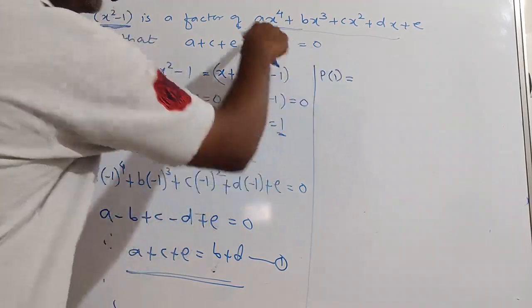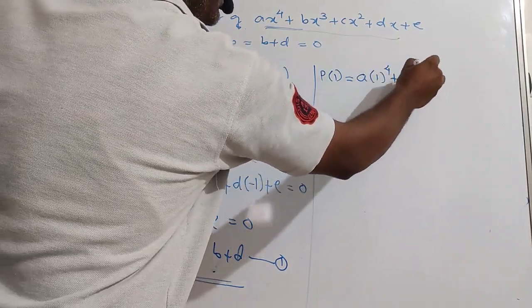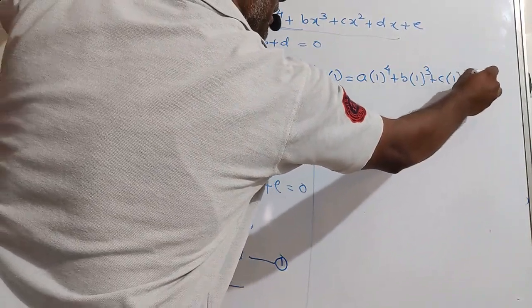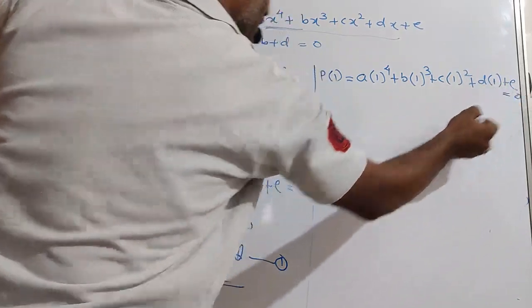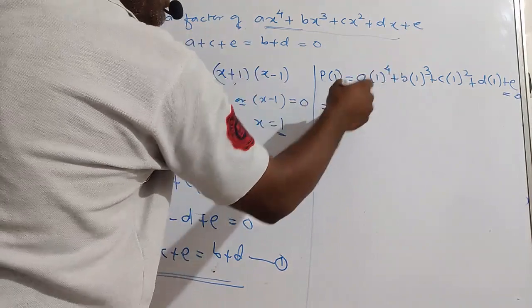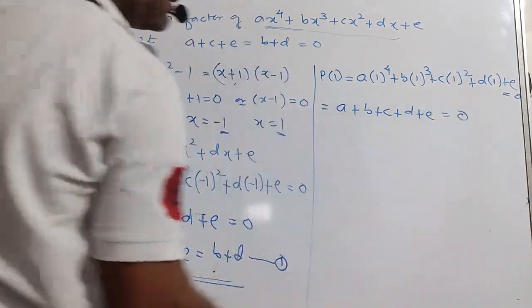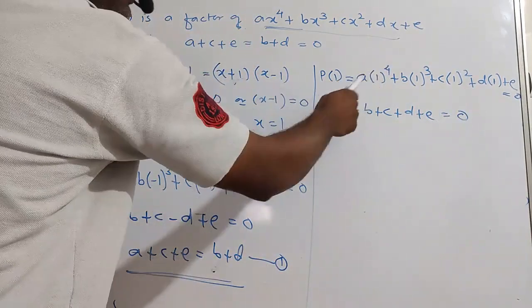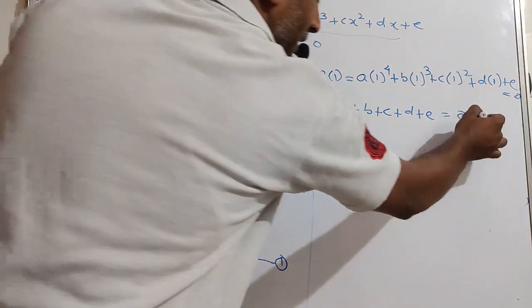So p of 1 is equal to a into 1 raised to 4 plus b into 1 cube plus c into 1 square plus d into 1 plus e, and that will be equal to 0 because x minus 1 is also a factor of the given polynomial. 1 raised to 4 is 1, so a plus b plus c plus d plus e is equal to 0. Now this is my second statement here.